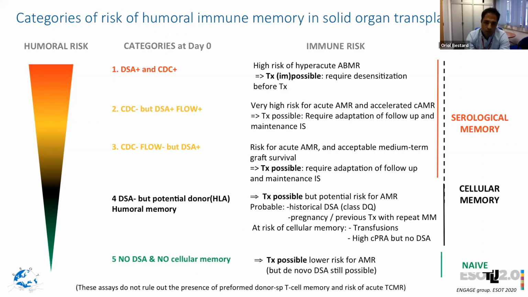These are those with historical DSA, particularly class 2, that have not clearly disappeared, patients with multiple pregnancies, previous transplant, repeated mismatches, and those with transfusions and high CPRA but without DSA. We believe this is a different category, not similar to those so-called naive patients without cellular memory and no serological memory.